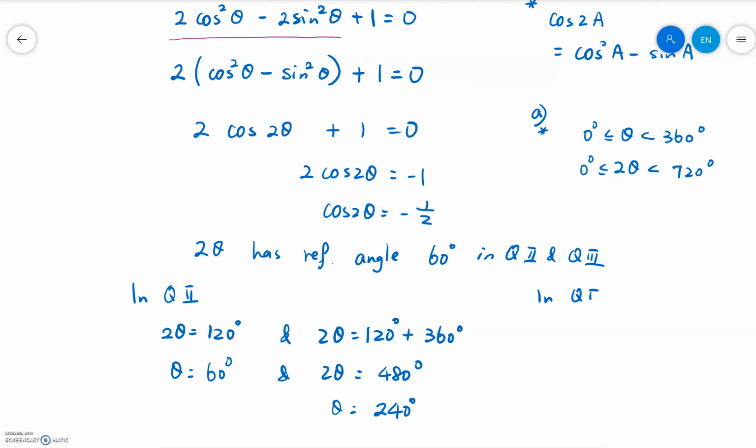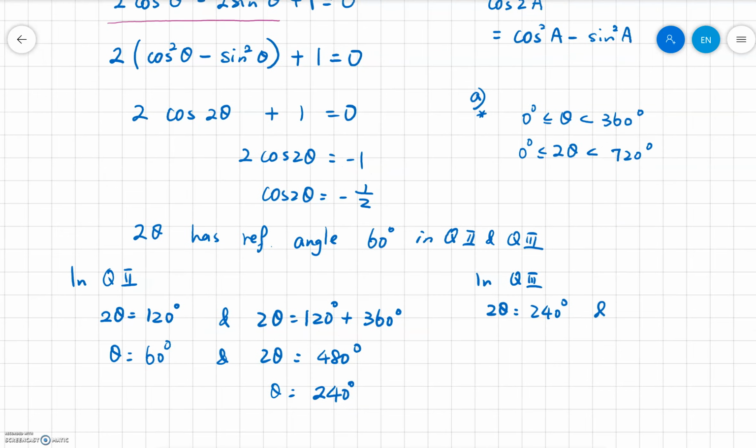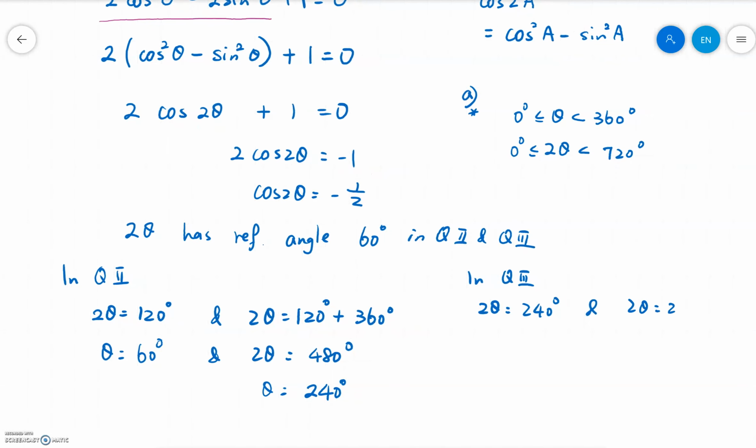In quadrant 3, 2 theta can equal 180 plus 60, 240, and also can equal 240 plus 360. So theta will equal 120, and 2 theta will equal 600, and theta will equal 300.